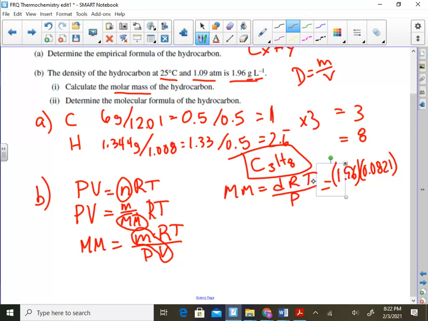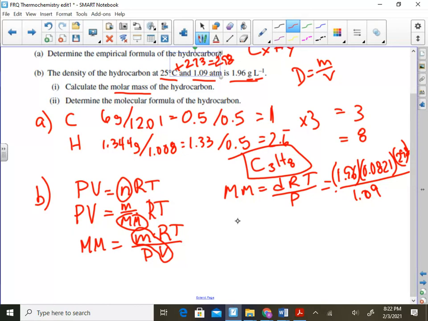And then temperature. Now the temperature is not 25 degrees Celsius. We know this is a gas law problem, and so we have to get that to Kelvin. And so it is 298 Kelvin. And the pressure is 109.